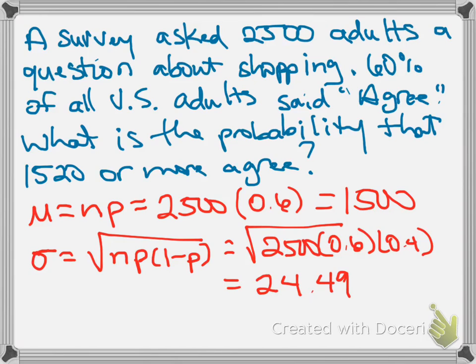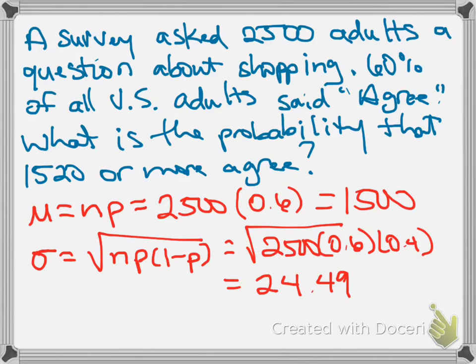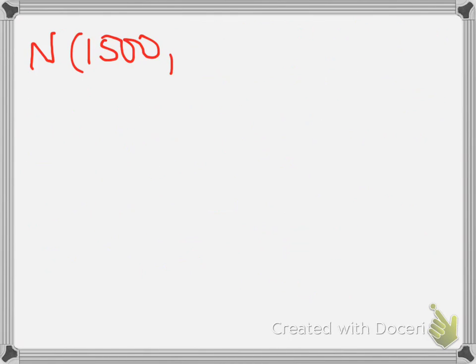Now, like we said, because it would be appropriate to use a normal approximation here, we're going to use that mean and that standard deviation that we just calculated, but we're going to use them in the context of a normal distribution. So that means that we need to calculate the z-score that's going to be associated with the data point that we're interested in.